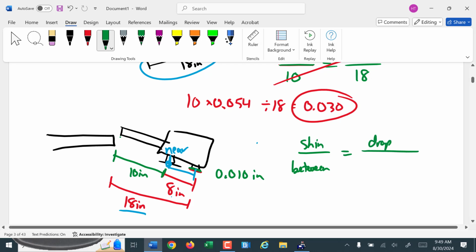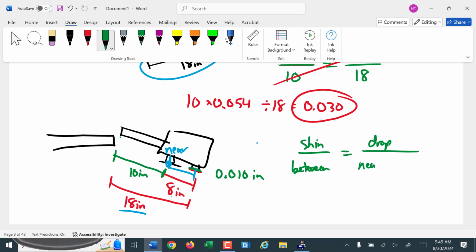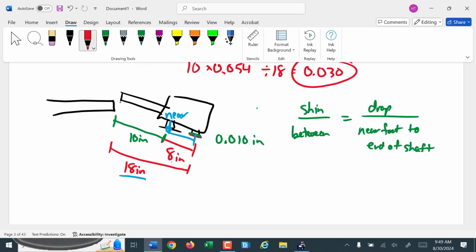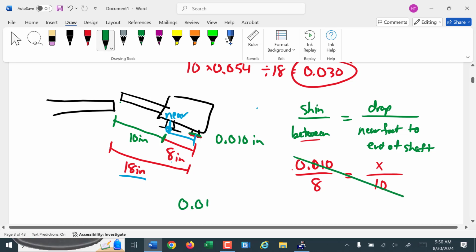So now the movement there, we have our shim over the distance between feet is going to equal our drop over the near foot to the end of the shaft. So we have our shim of 10 thousandths over what's the distance between feet? 8 inches.